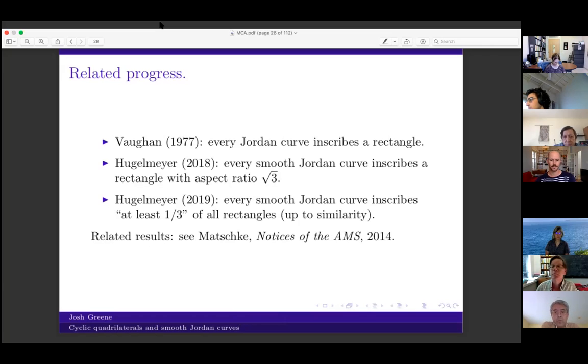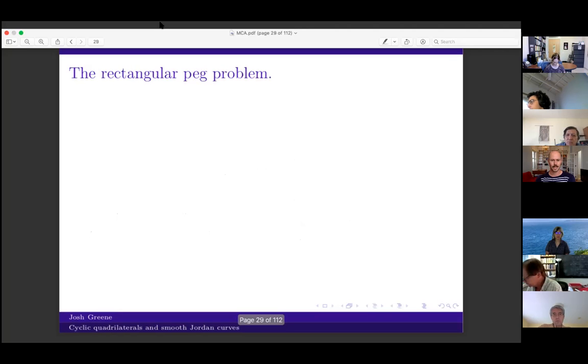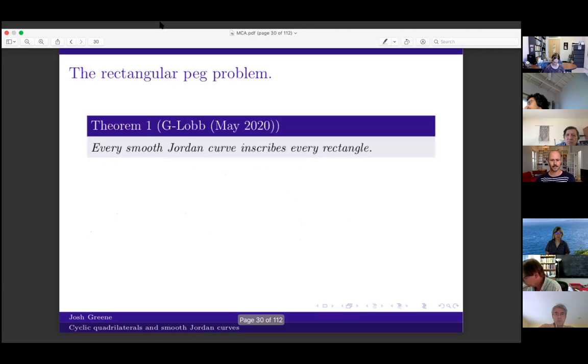It's a very nice survey. And we got interested in Hugelmeyer's work and wondered whether we could push beyond root 3 and show that every smooth Jordan curve inscribes every rectangle. And that was what we indeed were able to show a little more than a year ago.